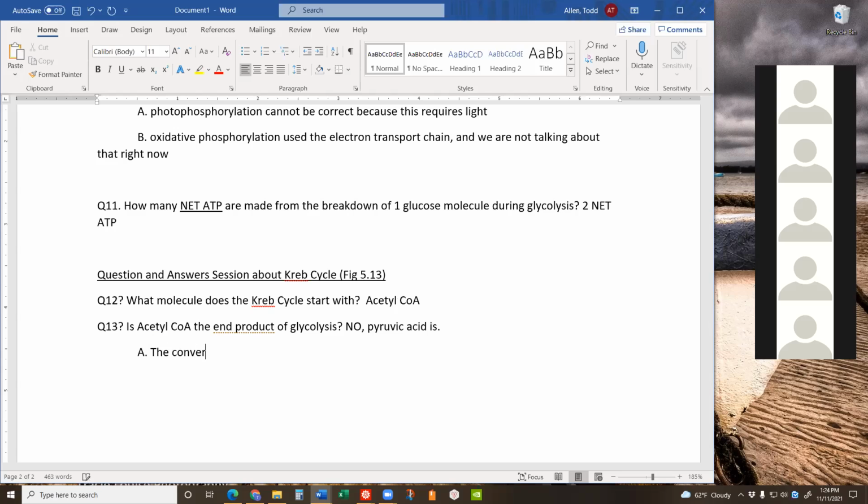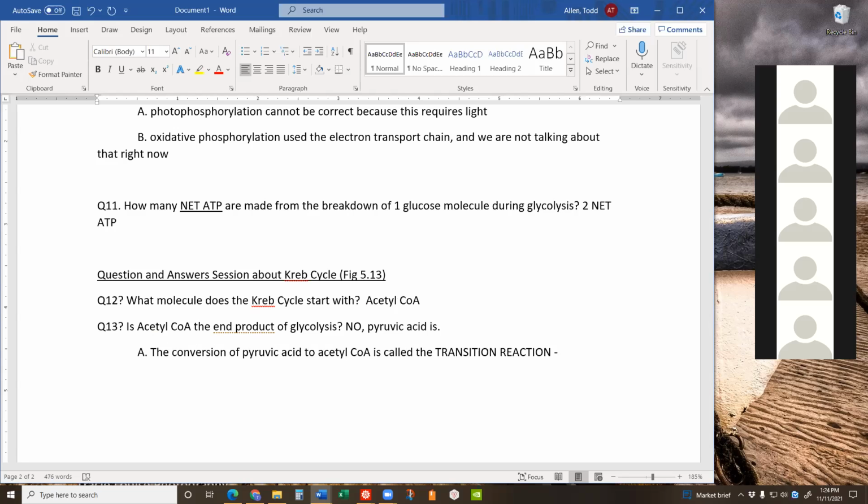The conversion of pyruvic acid to acetyl-CoA is called the transition reaction in chemistry books. And the purpose of the transition reaction is to enable the end product of glycolysis to feed into the Krebs cycle.